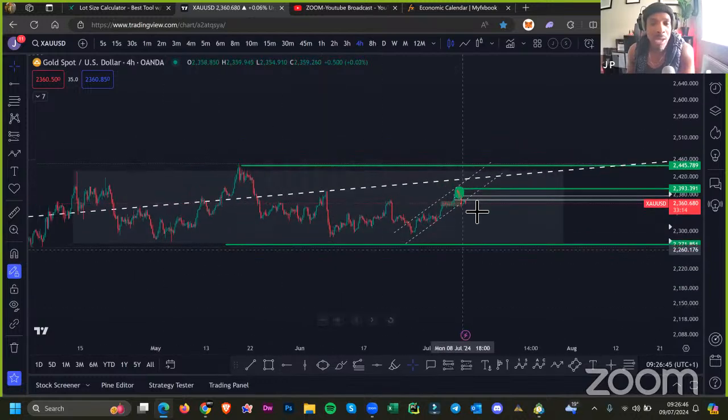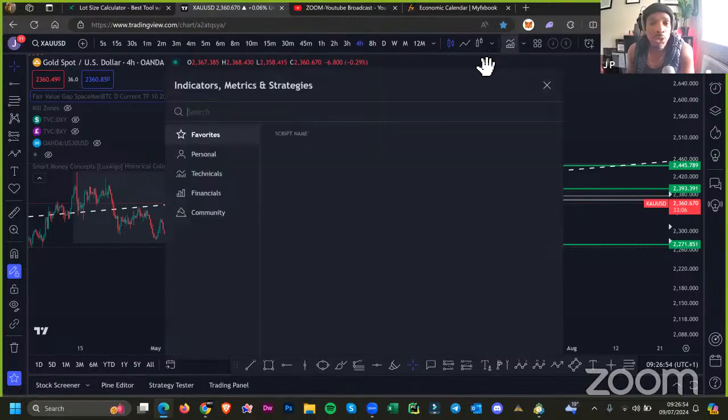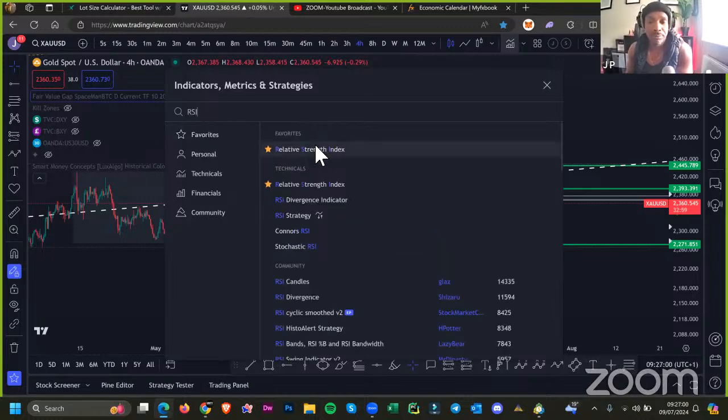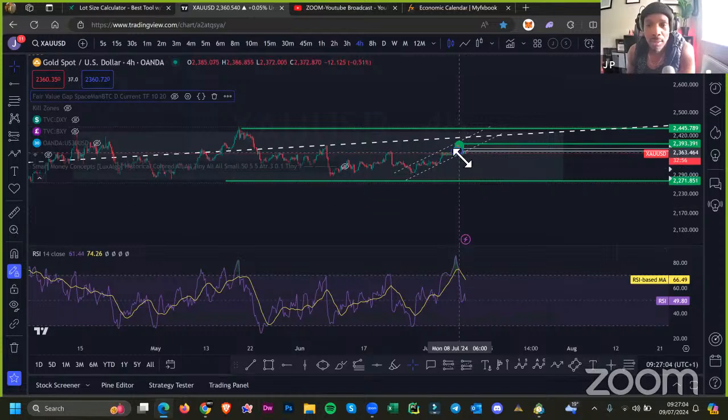So at the moment here, would I be in a hurry to get involved? No. And your relative strength index, if I whip it up, should be showing you also on the smaller time frame, as I've zoomed in, that it's not ready yet. Up here did tap into this little high of this range.